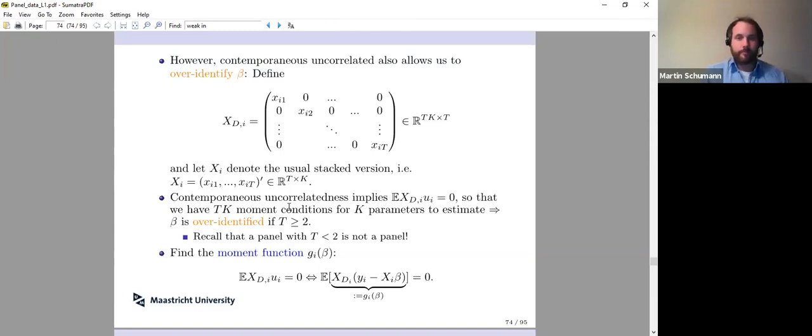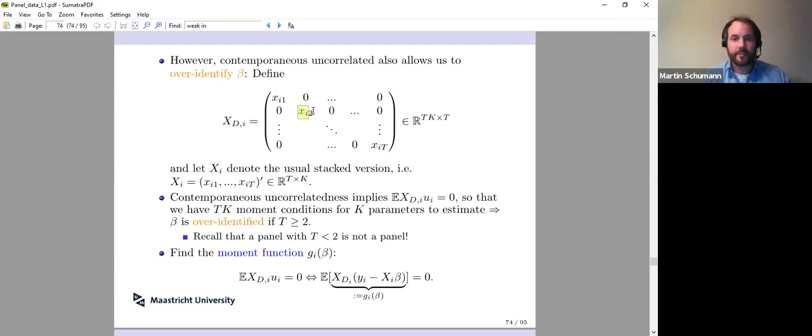Okay, now we can also do GMM in a different way because our assumption, contemporaneous uncorrelatedness, is actually stronger than the pooled version that we just used. So we can actually also over-identify beta. We recall that each of those x's is uncorrelated with the u_it in the particular period.